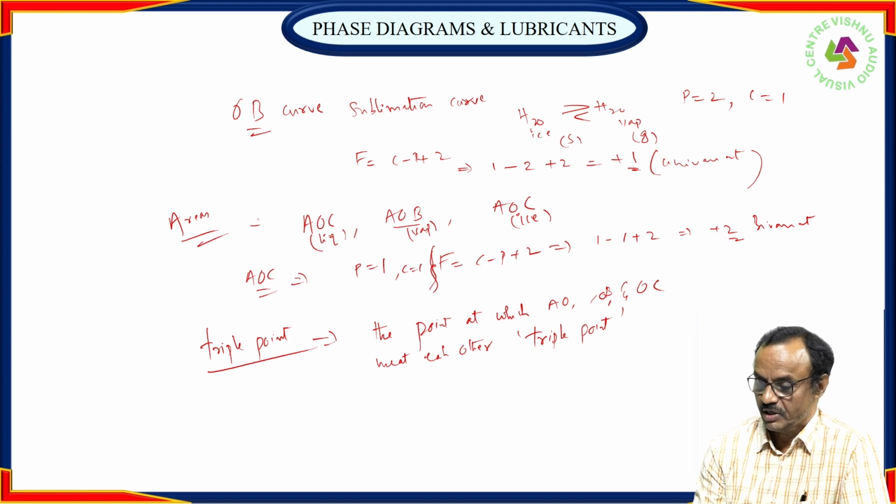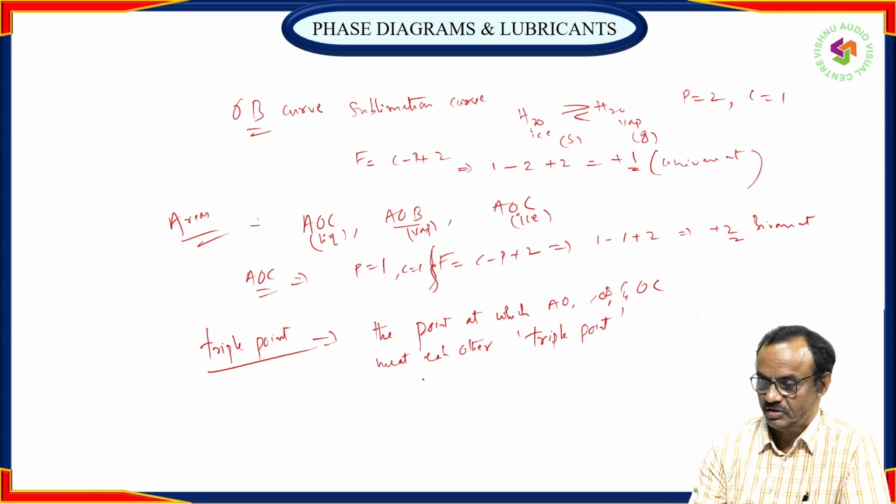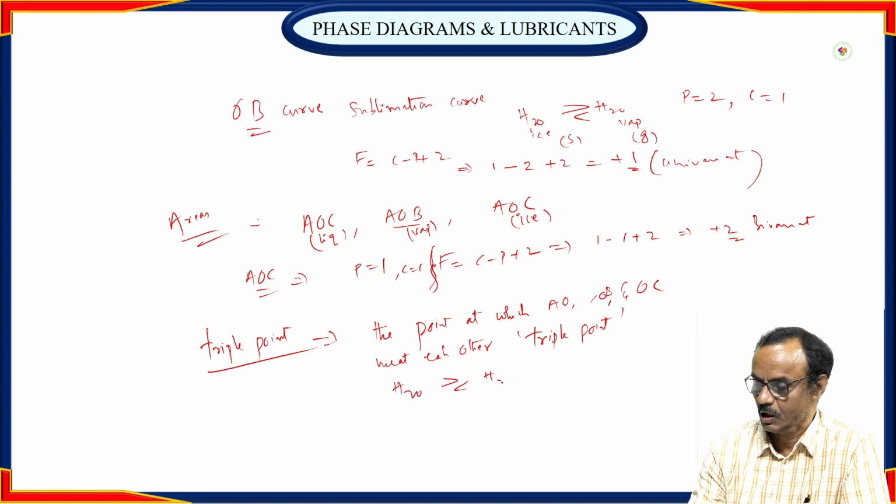At the triple point, possible phases are 3. You can write this equation. At the triple point, H2O: liquid, ice, vapor.